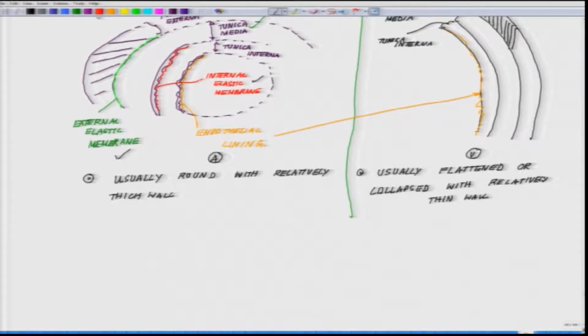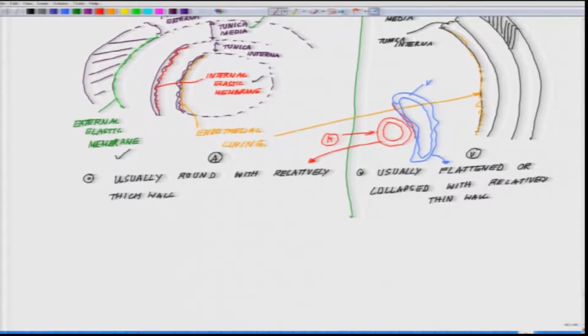Now if you look at this structure in a cross section, if this is an artery, the vein will look more like this. The cross section of the vein will look like this, which exactly matches the description I am giving here.